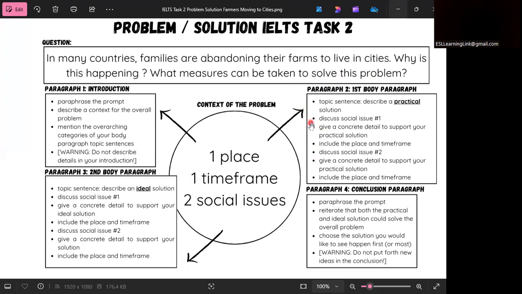Okay, so you're going to just first write out the full topic sentence and then just jot down in short bullet point phrases the first social issue and the concrete detail that supports your practical solution. And don't forget to include language that demonstrates your coherent ability to include context of place and time frame.